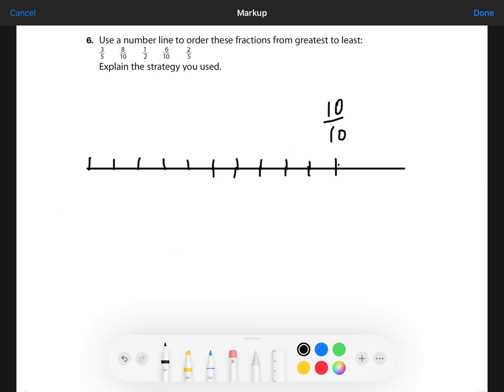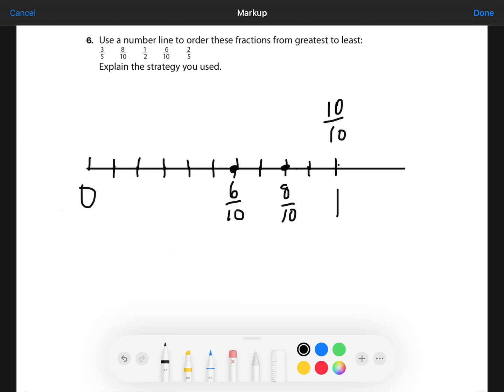Should have used the ruler on the other questions. Okay, so 10/10 is 1. So then I'm going to mark 8/10 here. I'm going to mark 6/10, 1, 2, 3, 4, 5, 6 here.